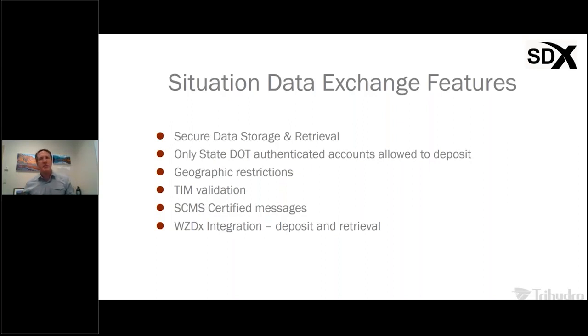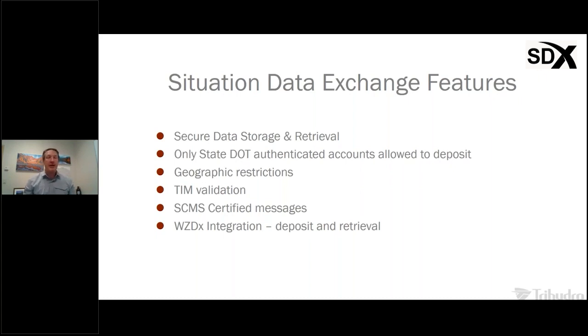So if you have different districts in your state, and those districts are responsible for pushing out messages on their own roadways, then you can have different DOT entities signed up to the situation data exchange that are allowed to push messages for only their regions. So when we've got WYDOT in there, they're only allowed to push connected vehicle messages for Wyoming. They're not allowed to push out connected vehicle messages for regions in, say, Florida.